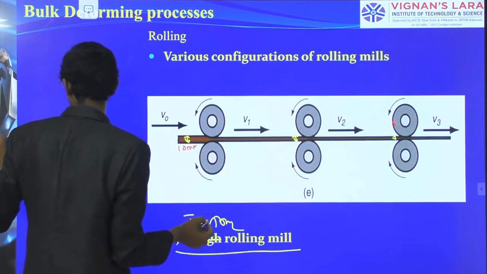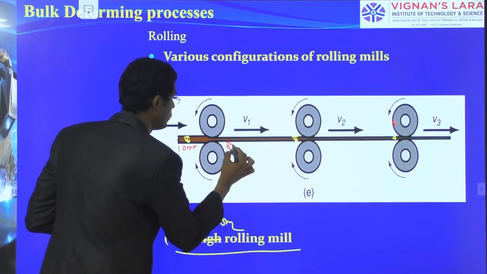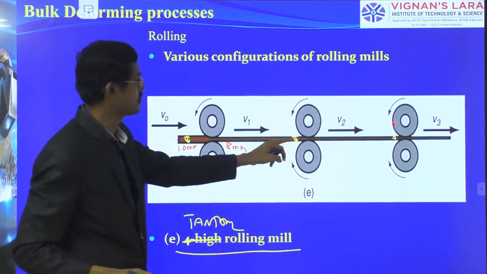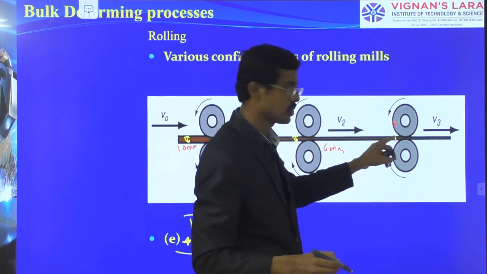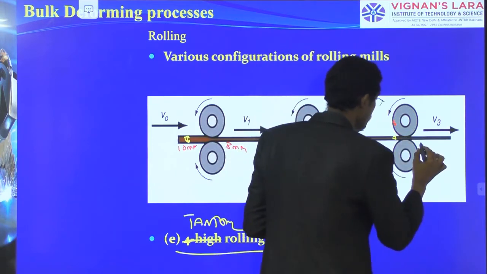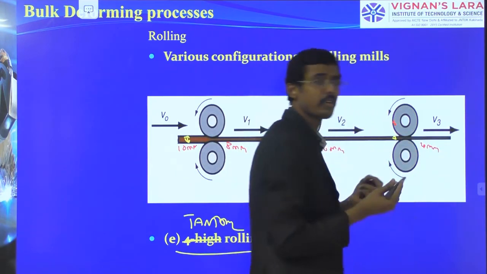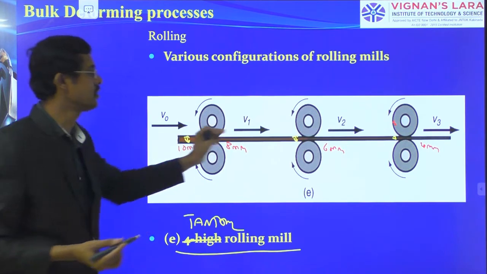So here we are getting an output of 8 mm, and this 8 mm is going inside, coming out as 6 mm, and 6 mm is going inside, coming out as maybe 4 mm. Likewise, for example, I am telling, we can go on.